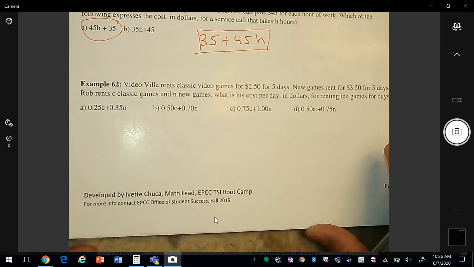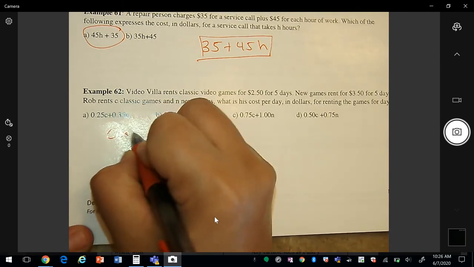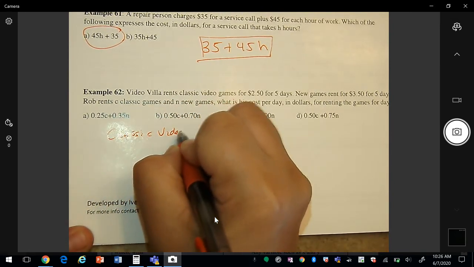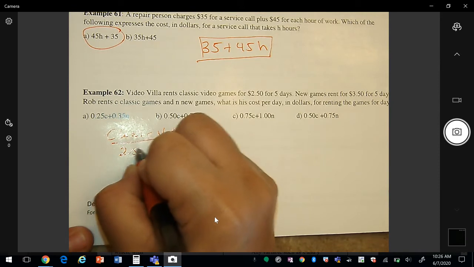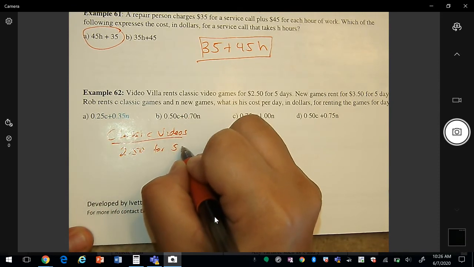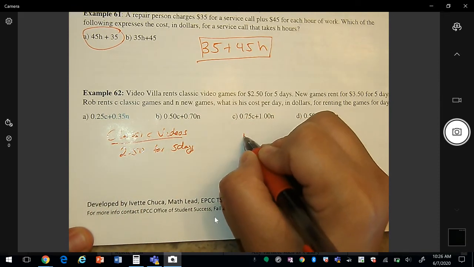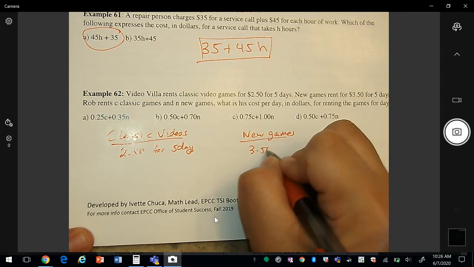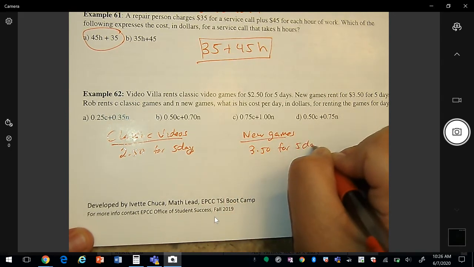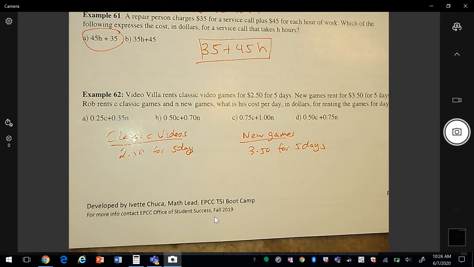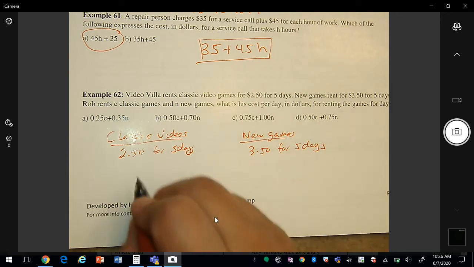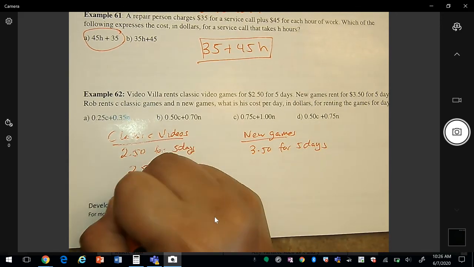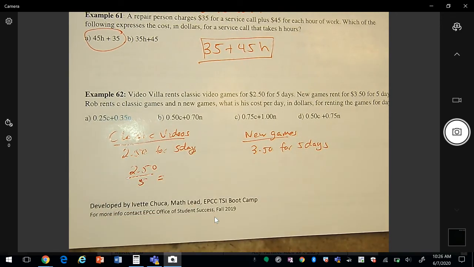Video Via rents classic video games. So classic video games are $250 for 5 days. And then new games are $350 for 5 days. If Rob rents c classic games and n new games, what is his cost per day? So 250, if we divide by 5, will give us how much he pays per day.